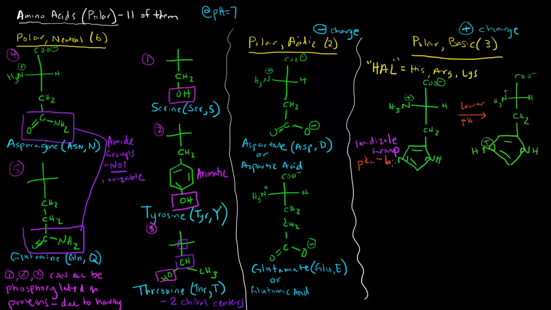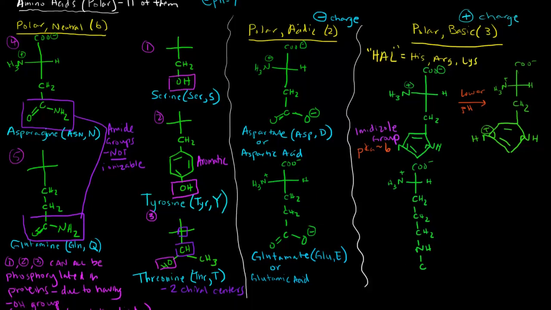So that's histidine. Let's draw arginine and lysine. So arginine looks like this. Arginine has 3 CH2s and then an NH and then another carbon, and then, let me scroll down just a tad so I have a little bit of room here.